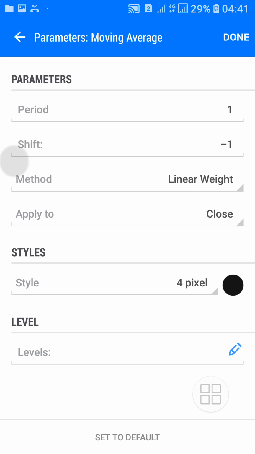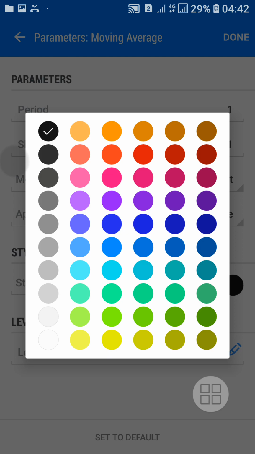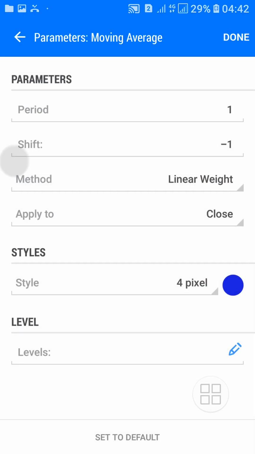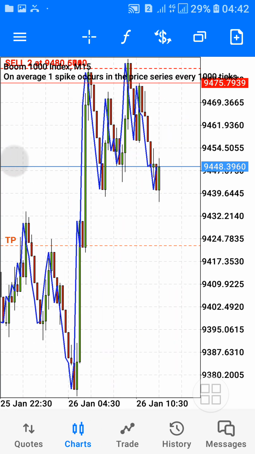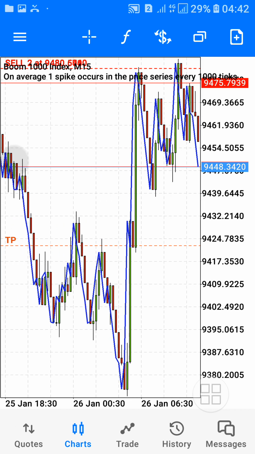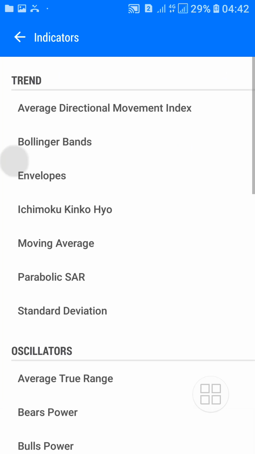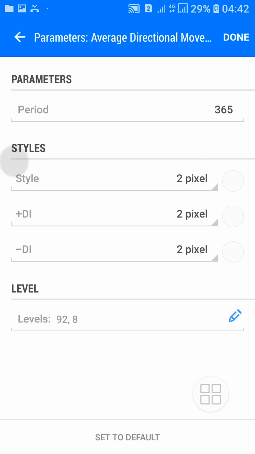You can use any color of your choice. I'm going to be using blue, so I have this blue line across my chart, following the trend of the market.